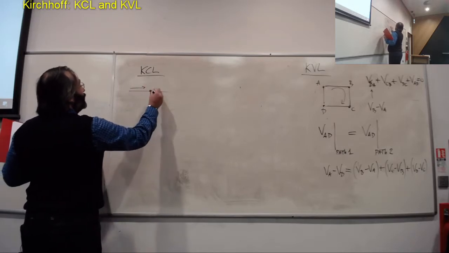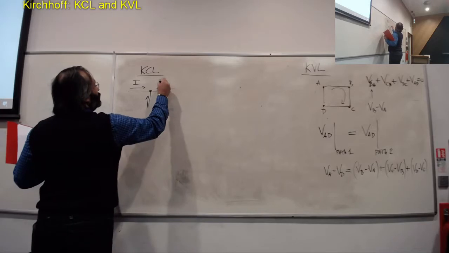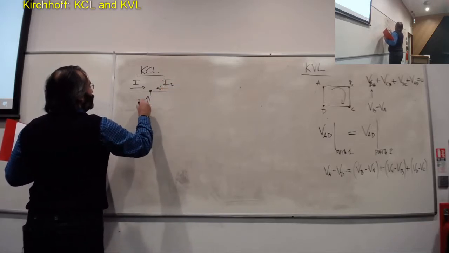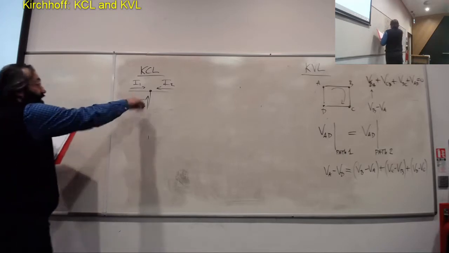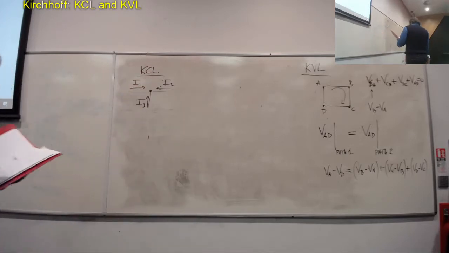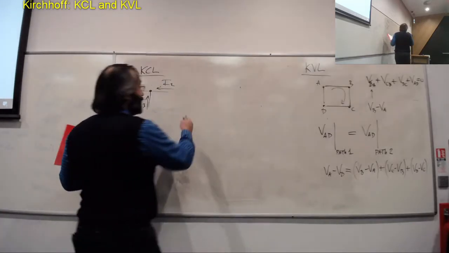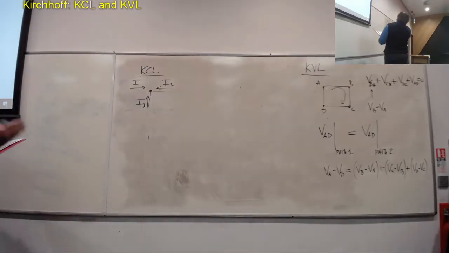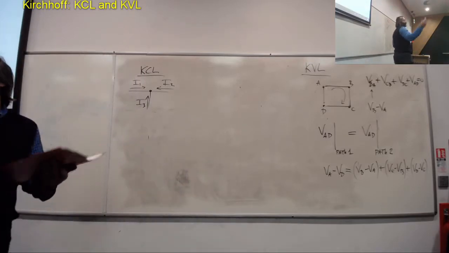So we can name the currents converging to this point in any way you like, defining whichever direction you like. The idea is that the sum of all currents converging into the node must be equal to the sum of all the currents coming out of the node.